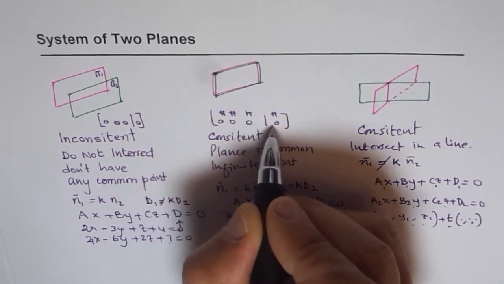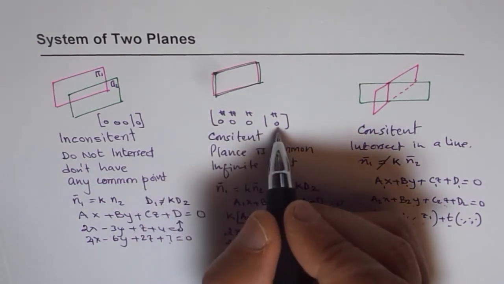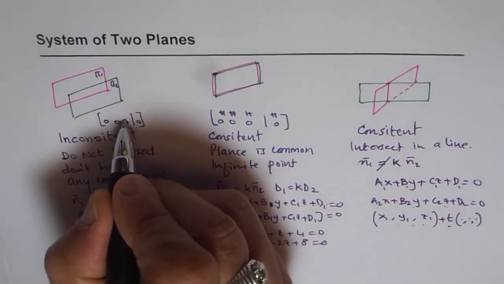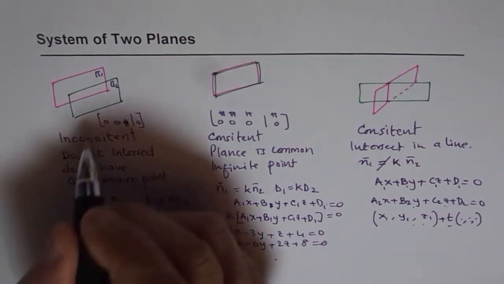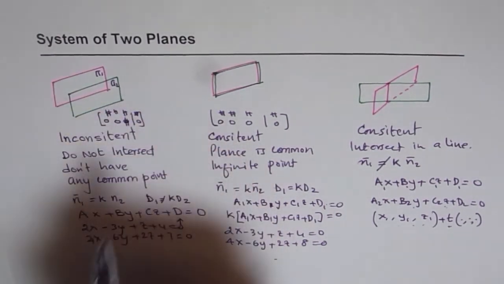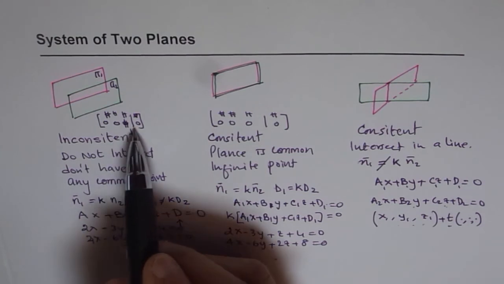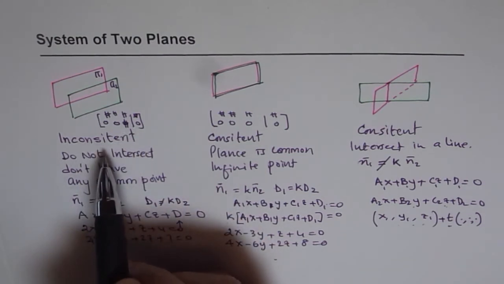But 0, 0, 0 equals 0 is always true. Since it is always true, the planes will be overlapping. But if we get a number here rather than 0, then a number will never be equal to 0. A number, let's say 5, is never equal to 0. Therefore, we don't really get a solution, and we know the system is inconsistent, right?